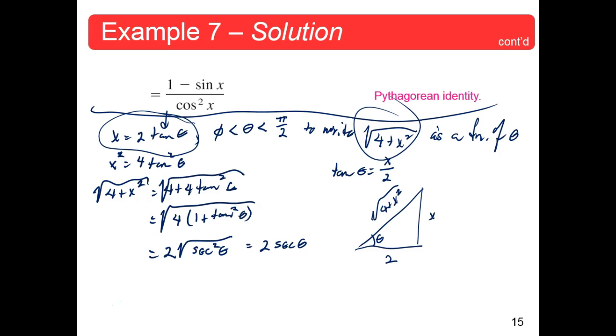Hypotenuse over adjacent. There's your hypotenuse divided by adjacent. 2 secant theta. Yeah, that's exactly the same right there. So, not obvious beforehand, but once you do it, it becomes pretty obvious in retrospect.